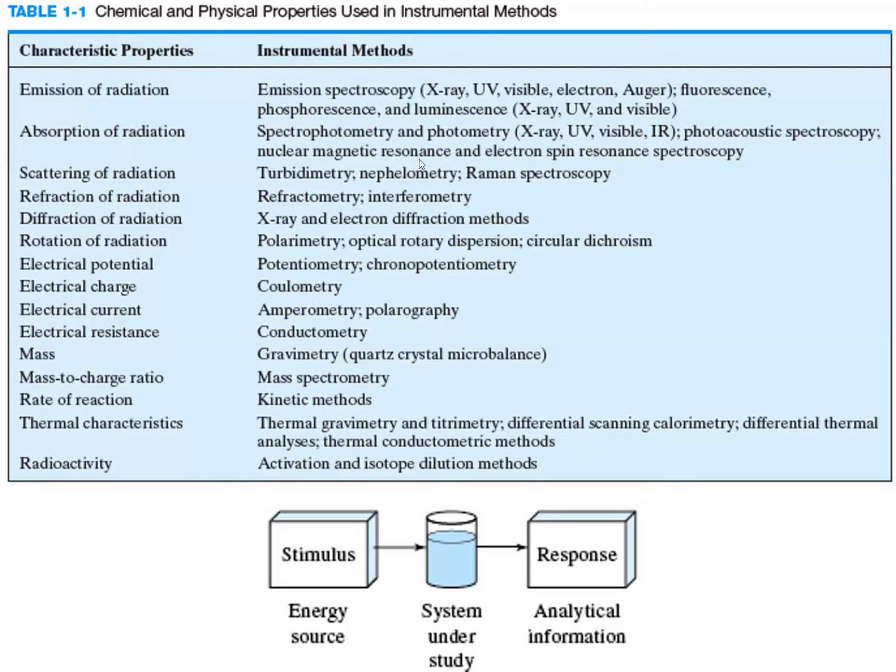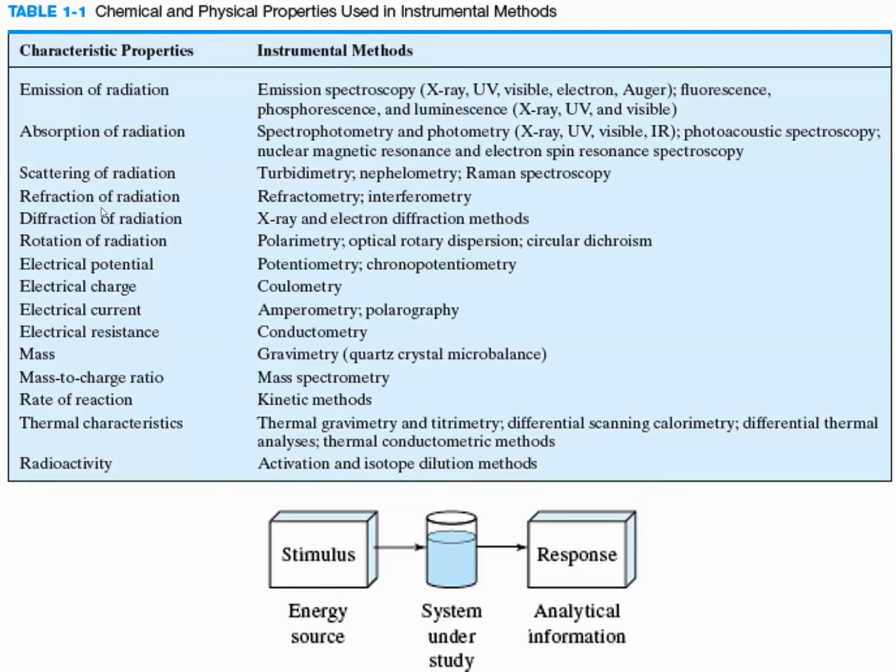Nuclear magnetic resonance, NMR, and electron spin resonance spectroscopy are all absorption types of spectroscopy. If we are interested in scattered radiation, we can use turbidimetry, nephelometry, or Raman spectroscopy, which is widely used in characterizing materials.